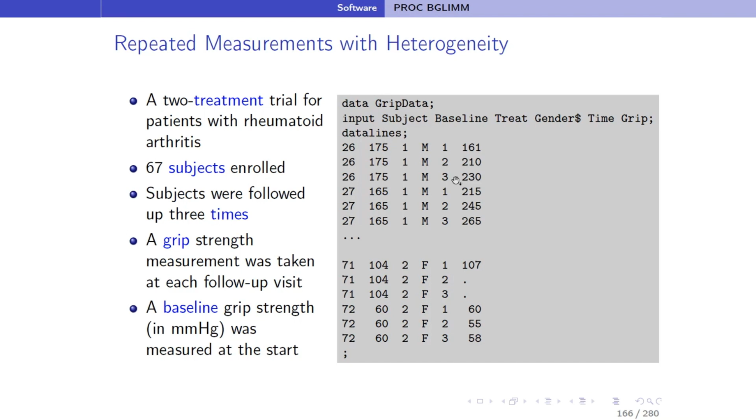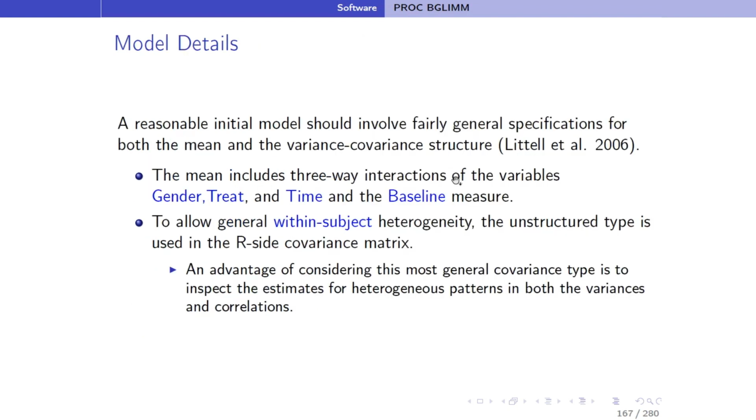Over the treatment time, you want to see if the grip has increased as a result of the treatment. Then you can fit a 3-way interaction with variables gender, treat, and time, and also the baseline measure as a continuous variable. We can use within subject heterogeneity.